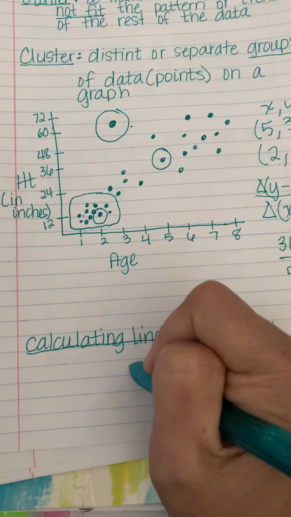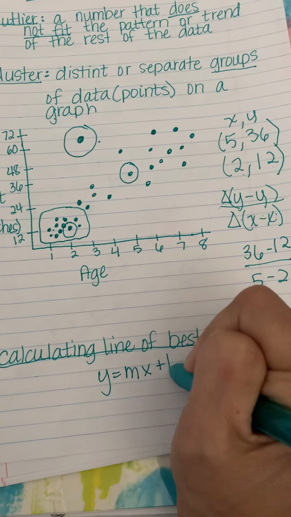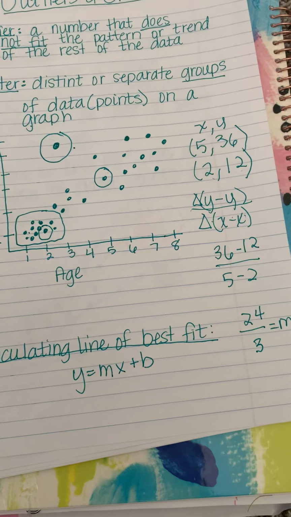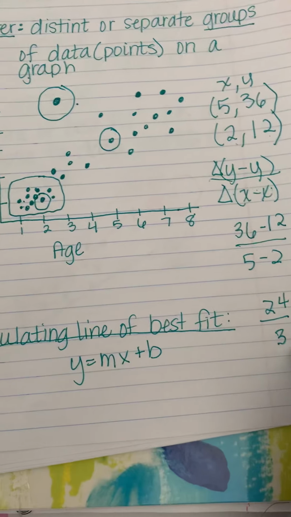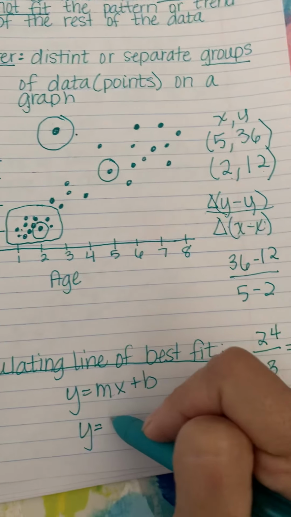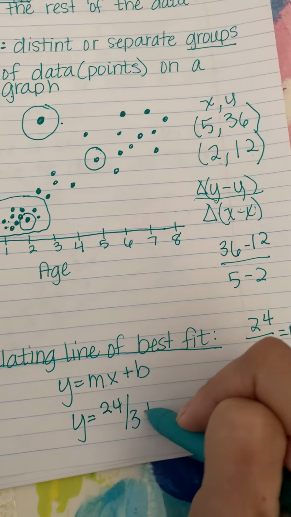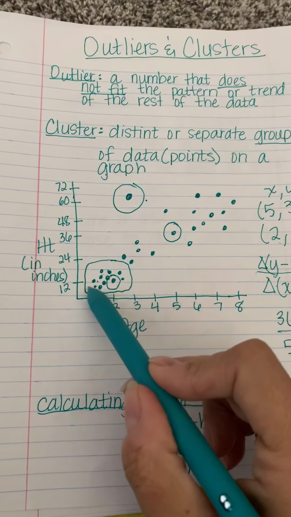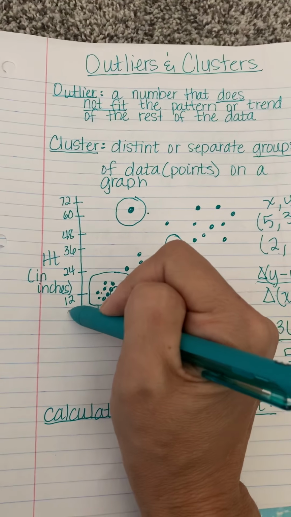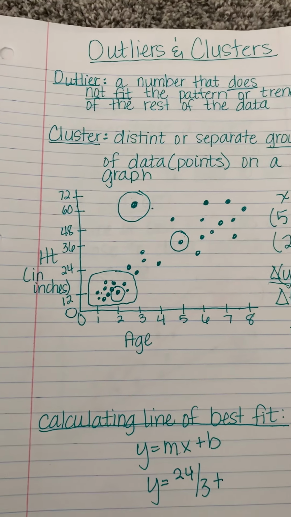Remember, y equals mx plus b is how we write slope. So we are going to take this m and put it in place of m. Y equals 24 over 3 plus, and let's look. Well, remember, when we're at 0, we are probably going to be at 0 inches in this graph, apparently.